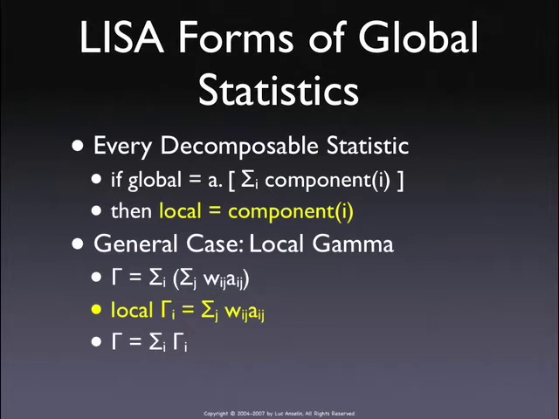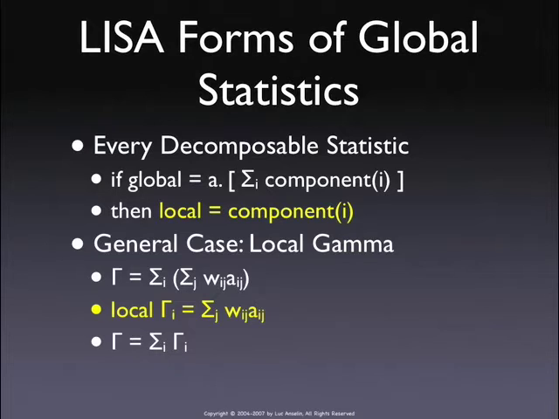And so you can see that there are lots and lots of different types of local statistics. One characteristic of many spatial autocorrelation tests, starting with this general local gamma, the general cross-product statistic, is that they are double sums: the sum over i of a sum over j of these elements.